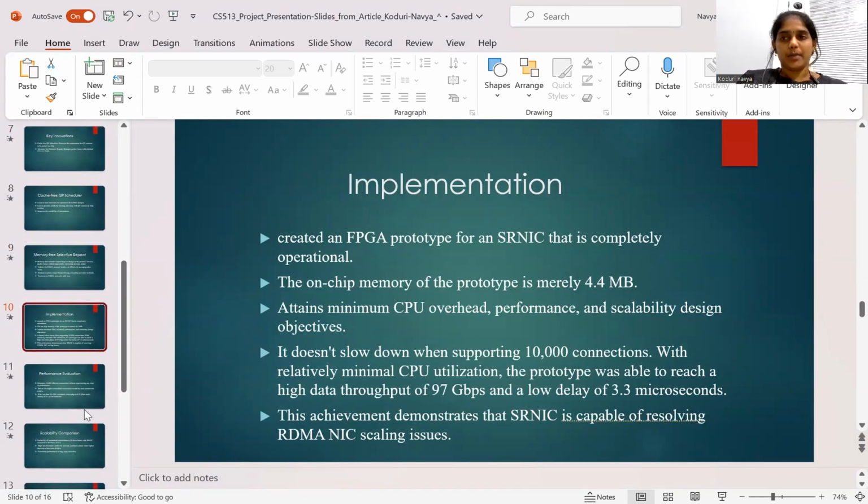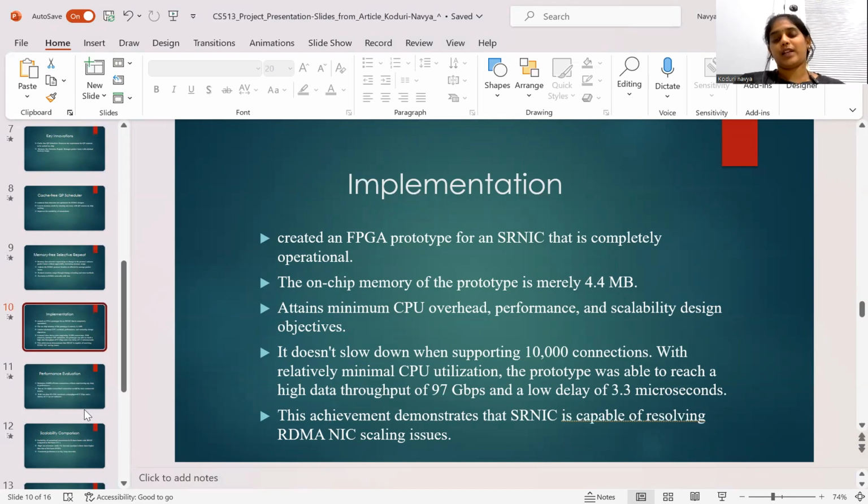Coming to the implementation of SRNIC, a completely operational FPGA prototype is created for SRNIC that operates on the overall system. The on-chip memory of the prototype is nearly 4.4 MB, and it attains the CPU overhead performance and the scalability design objectives too.